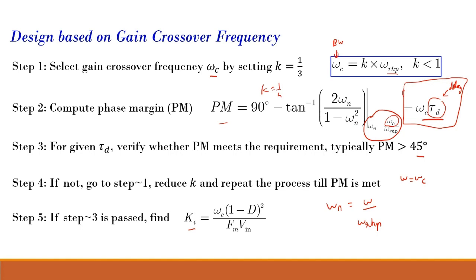So if we set the bandwidth of both analog and digital control to be the same, the phase margin of digital control will be less than that of analog control. We want the phase margin to be greater than 45 degrees or around 60 degrees, so we have to reduce the bandwidth of digital control further. When we reduce the bandwidth, we get a phase margin that meets our requirement. So when I say I'm reducing k, I mean I'm effectively reducing my bandwidth.